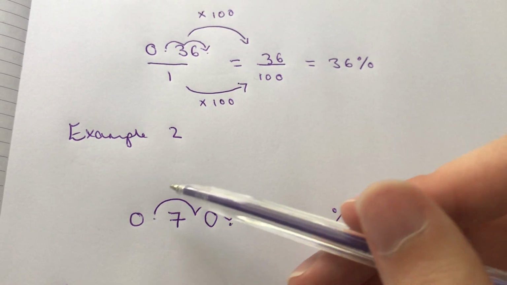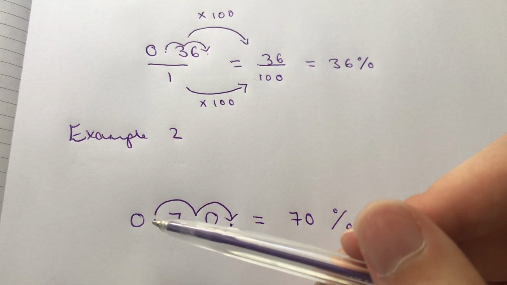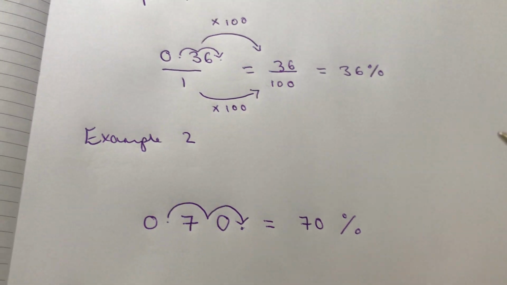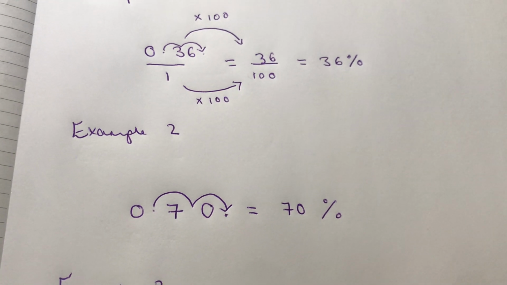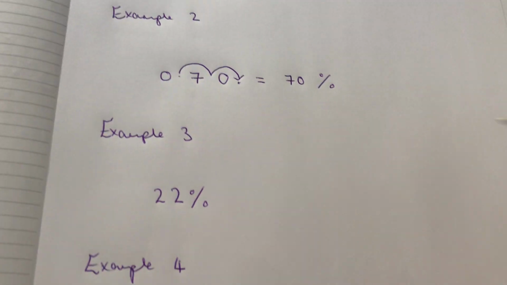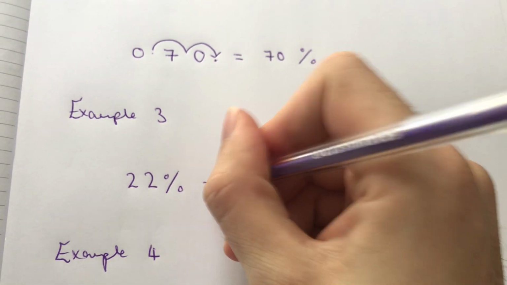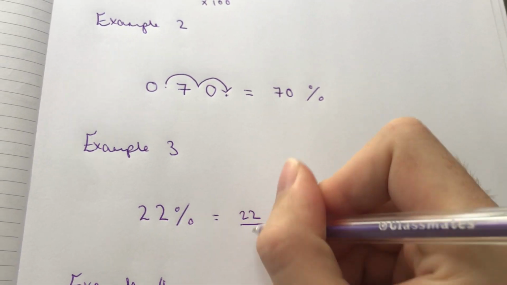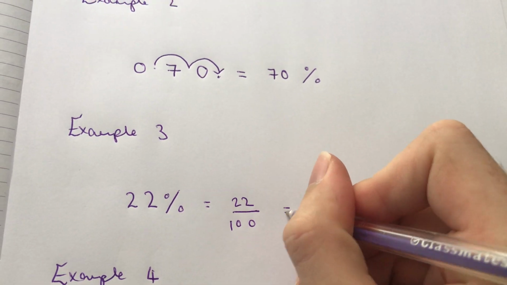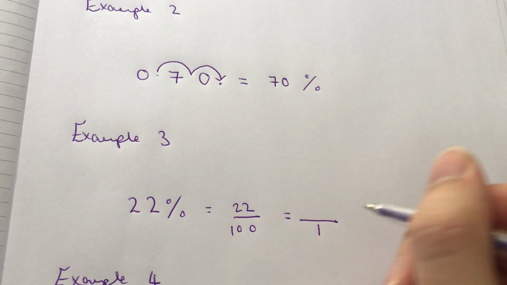When we convert from decimals to percentages, we move our decimal point 2 places to the right, whereas when we convert the other way, we move it to the left, as you'll see in a second. So 22% is the same as 22 over 100. But we know if we want it to be a decimal, we need the denominator to be 1.